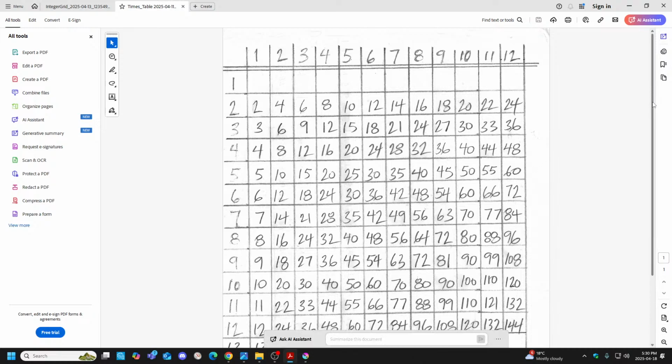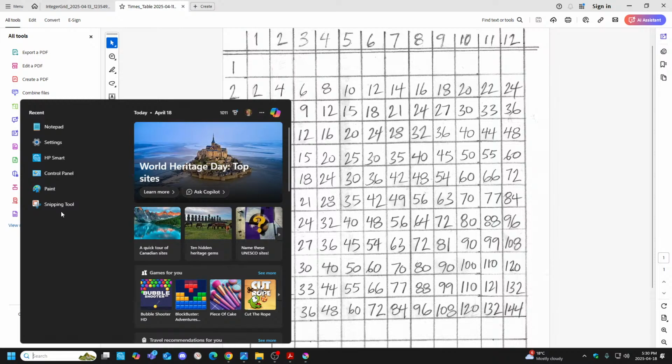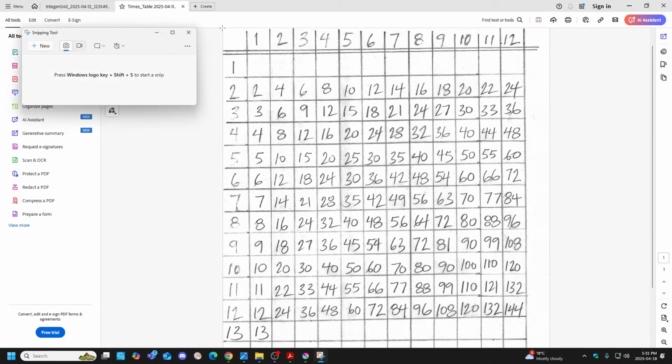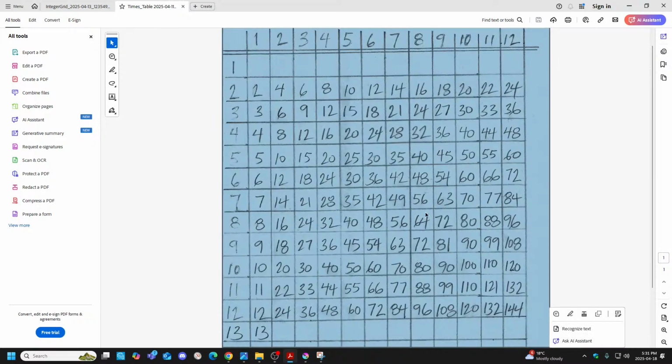I'm just gonna move this up so that you can actually see. So snipping tool, okay, and then just take however much you want. It's up to you. Okay, there you go. Where is the save?